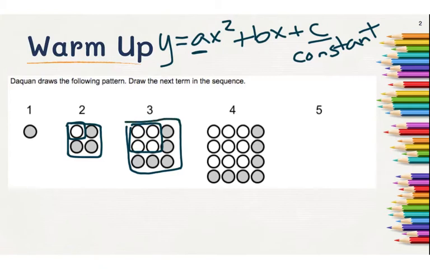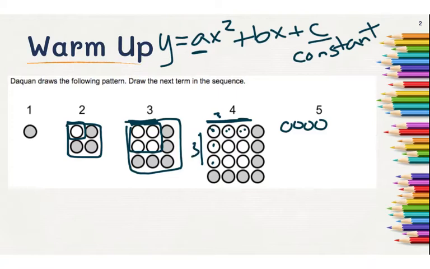So when I'm doing the fifth term, instead of going 1 white circle, 2 white circles above, 3 white circles above, right? 1, 2, 3. I'm going to have 4 white circles. 1, 2, 3, 4. And I'm going to make them a square, just like this is a square. It's a 3 on top, and then 3 on the side. 1, 2, 3.